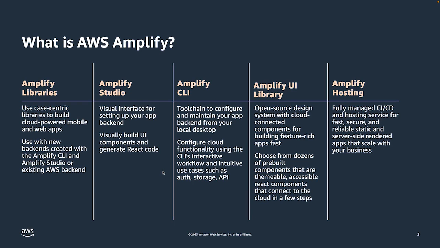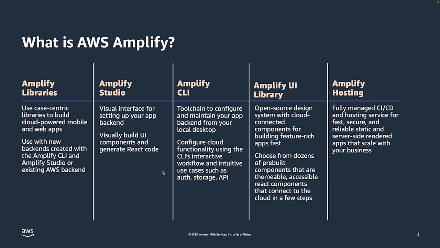So authentication uses AWS Cognito, but you don't necessarily need to know that. And you can use them with backends that you have newly created with Amplify CLI or Studio, or you can use them with an existing AWS backend.